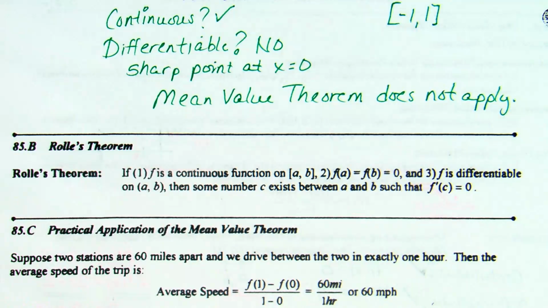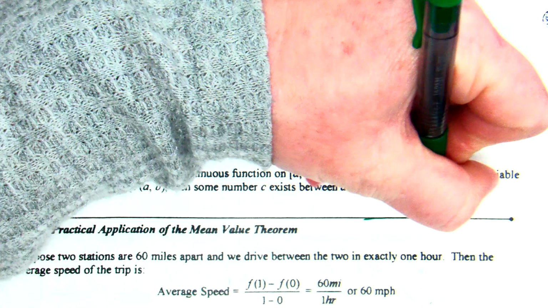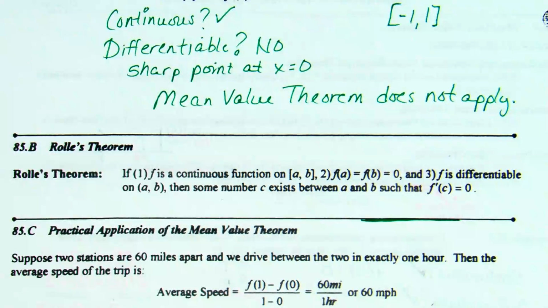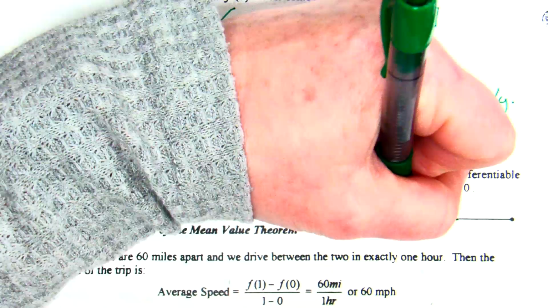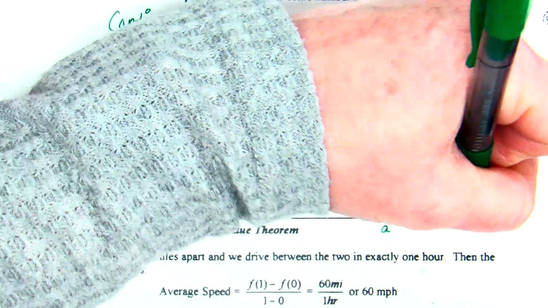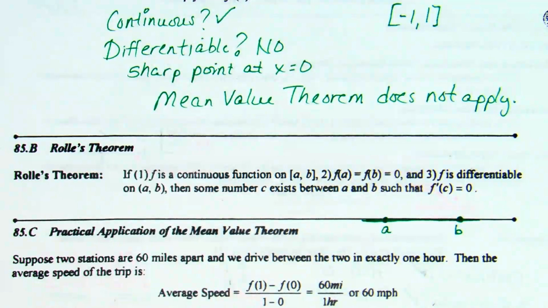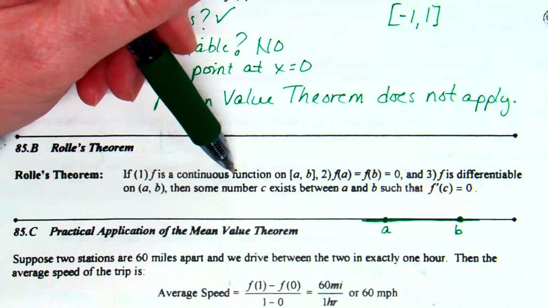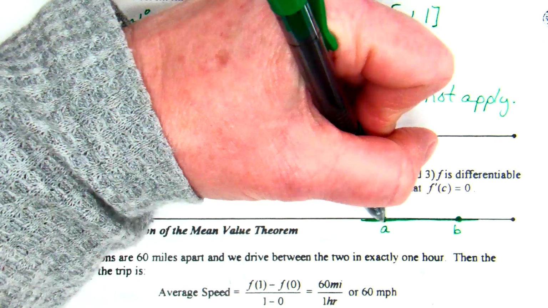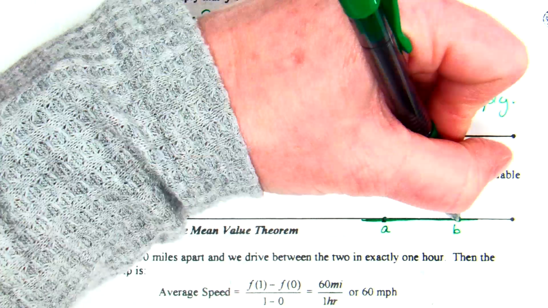Let me give you a visual to help. I'm using this line here as my x-axis. On this x-axis there is an A and a B. First of all, I have to draw f so it's continuous. And f of A and f of B both equal 0, which means the graph at A is on the x-axis and the graph at B is on the x-axis.